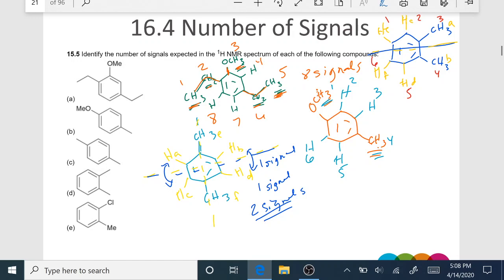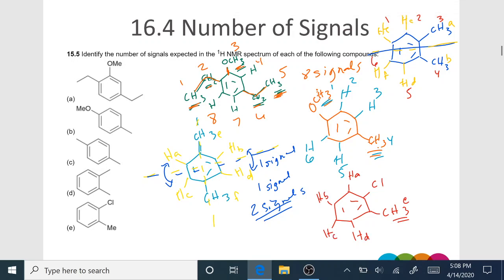And that leaves us with one problem, and that is E. Now, there are a few more in your book for you to practice, okay? All right, so the methyl groups, all three are equivalent to each other. And now let's call these A, B, C, D, and E. So let me grab a different color.